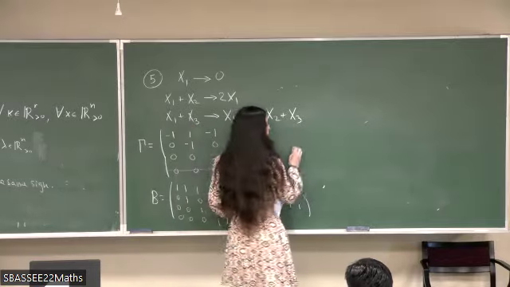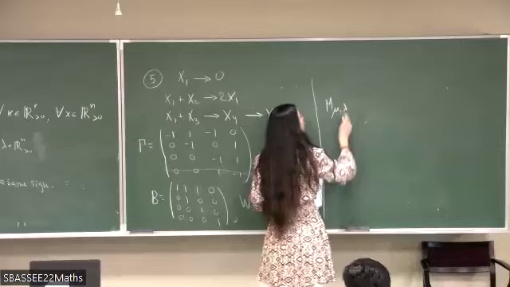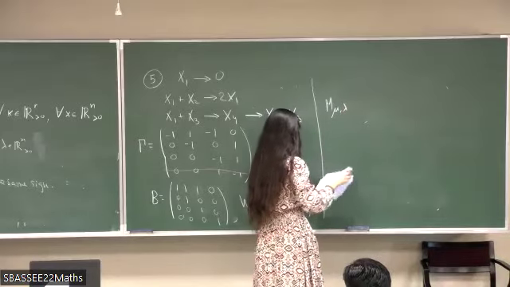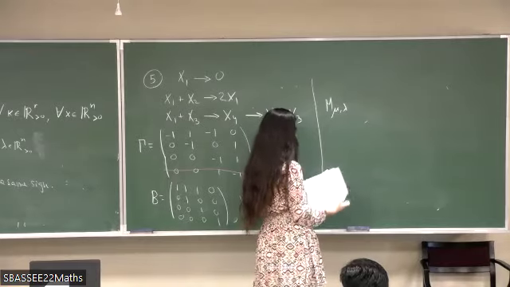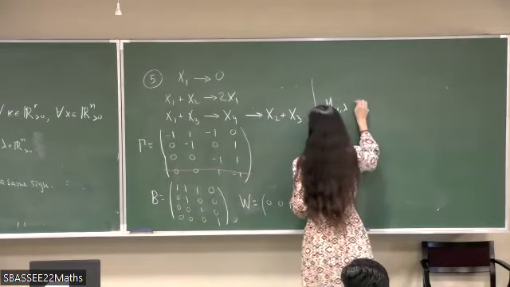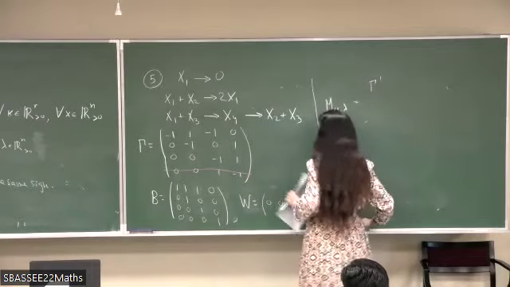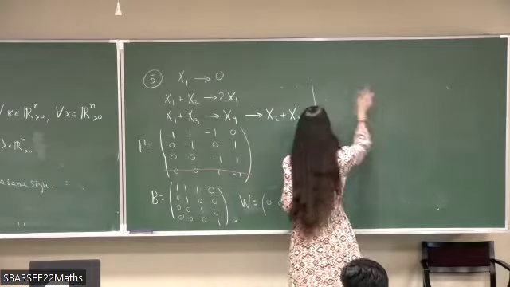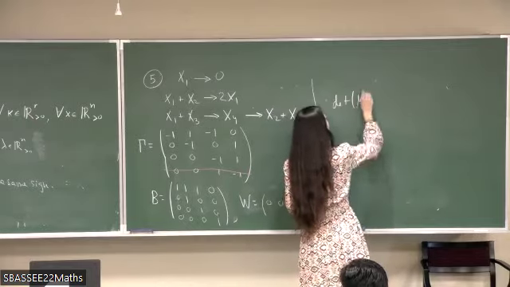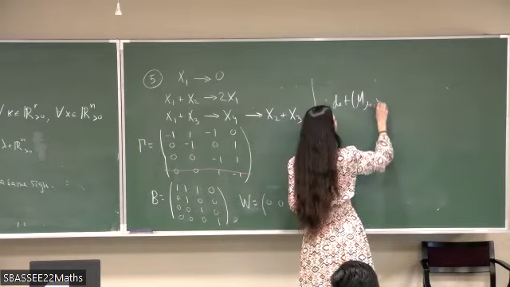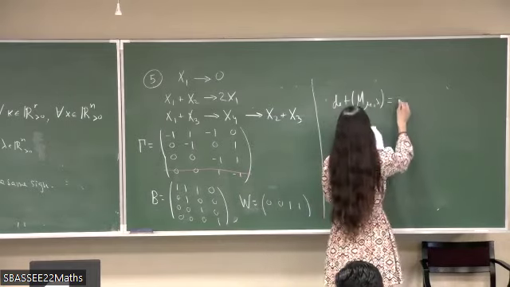Then if I construct this matrix, yeah, it's written there. So if I construct this matrix and I compute the determinant, I get the following polynomial.